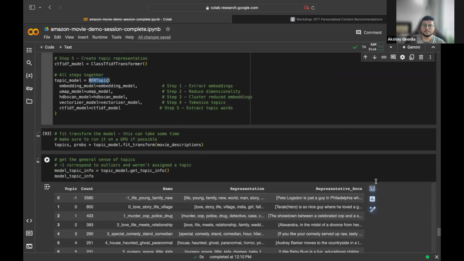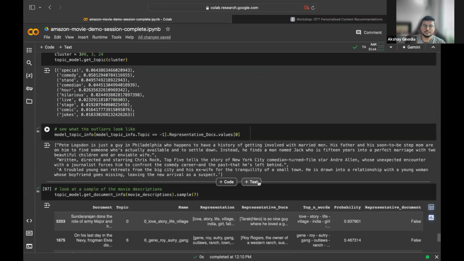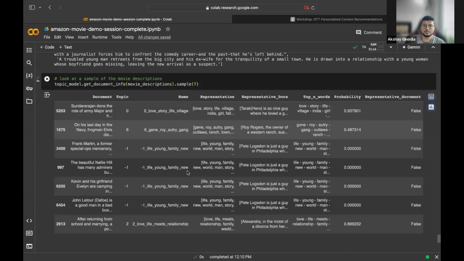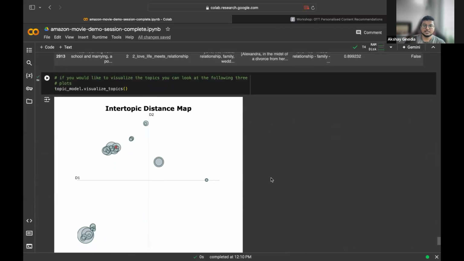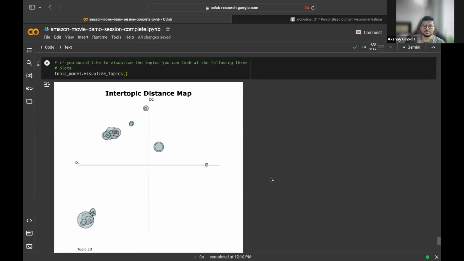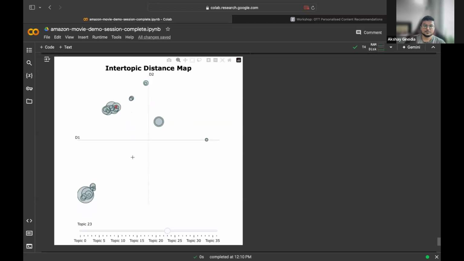And what I'm going to do is find topics to understand the data, but not getting into the tabular representation, let's look at the graphical representation of the topics. That would give us a very good understanding of what topic modeling did. So within the spectrum, you can see it created all these clusters, and let's look at them.